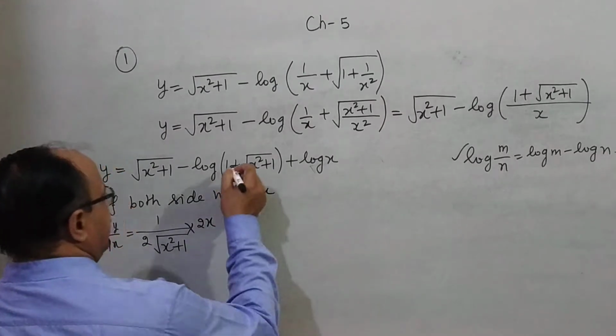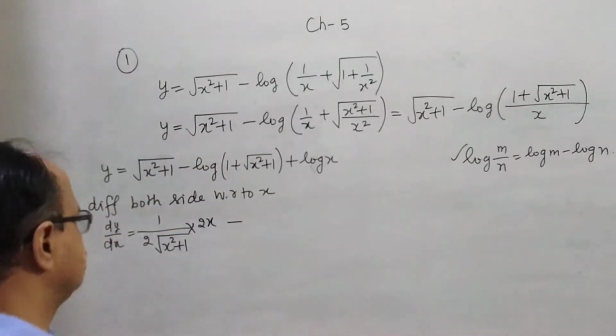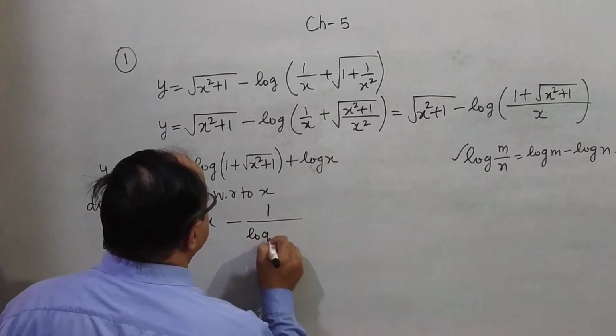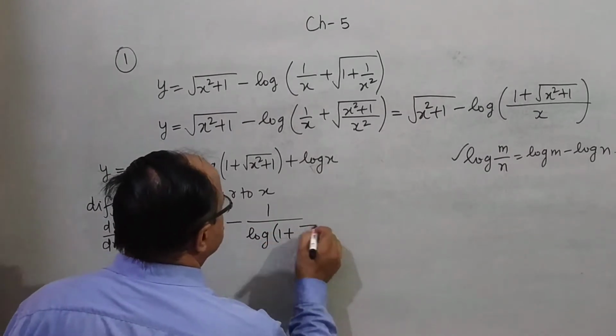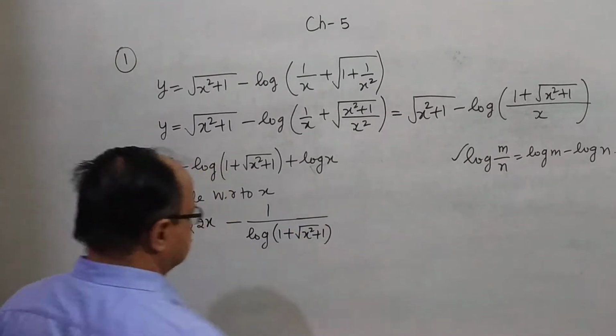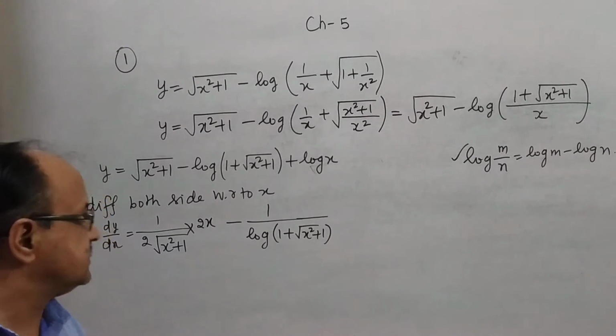For the derivative of log x, you know, it is 1 by x. That is 1 by 1 plus root x square plus 1, correct?